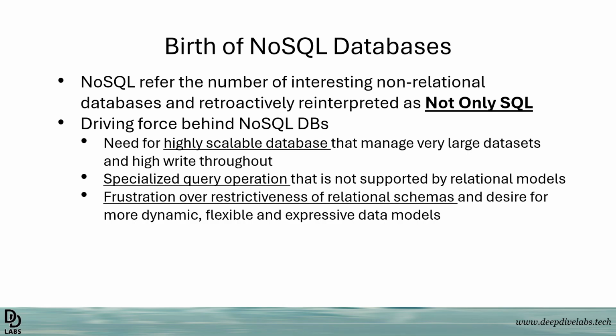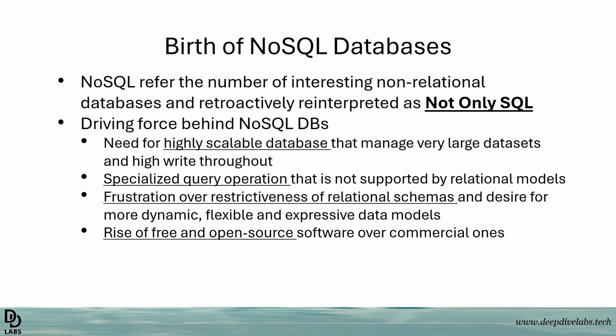But with faster application development, there was a need for a flexible schema which can be changed quite frequently based on the software needs and features that were developed. And of course, another very important driving factor is the rise of free and open source software over commercial ones.